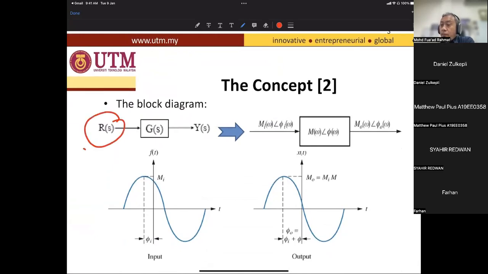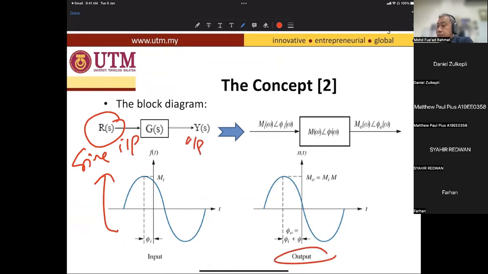So this is the concept. This is a sine wave. You inject it into the input and you get the output. So the output will be this one. It will differ: the amplitude differs and the phase also differs. And this is the mathematical model that we observe from the output and the input.